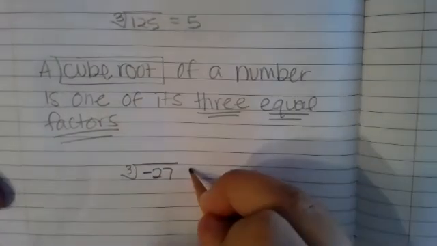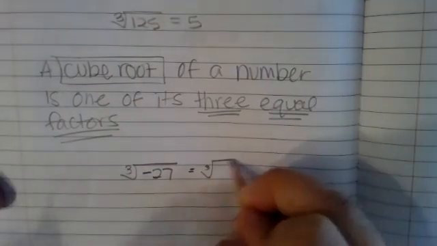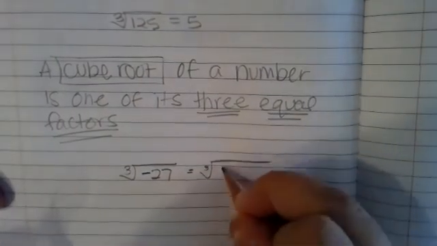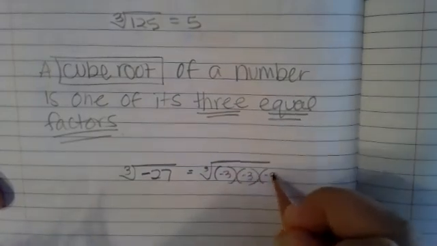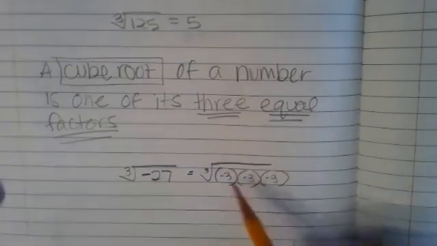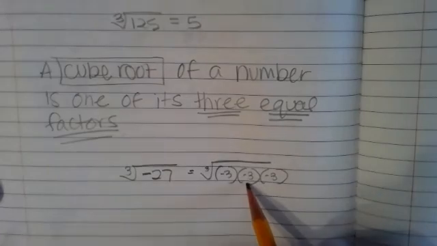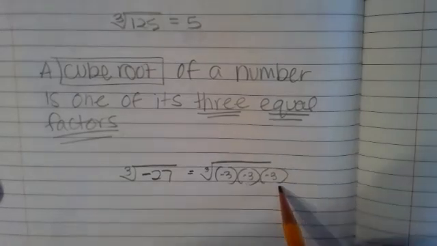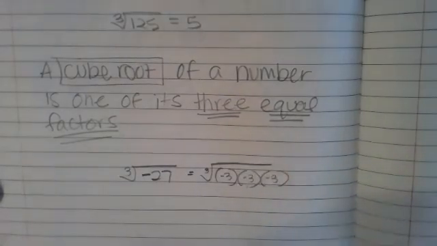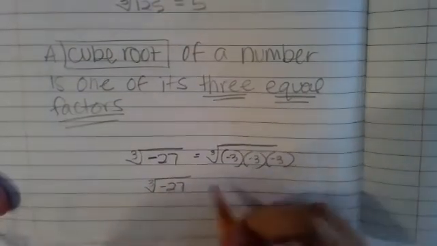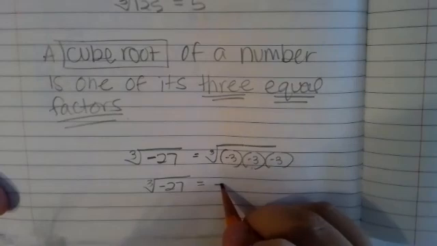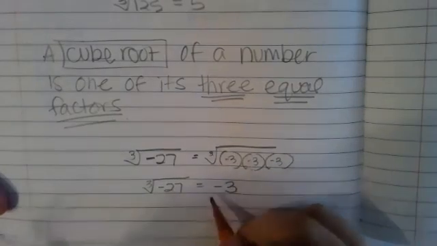So if I was to write this out, the cubed root would be -3 times -3 times -3. -3 times -3 makes +9. +9 times -3 makes -27. So the cubed root of -27 is equal to -3.